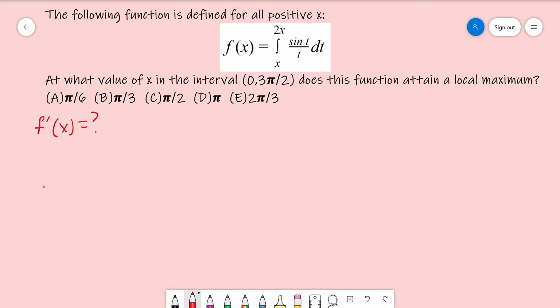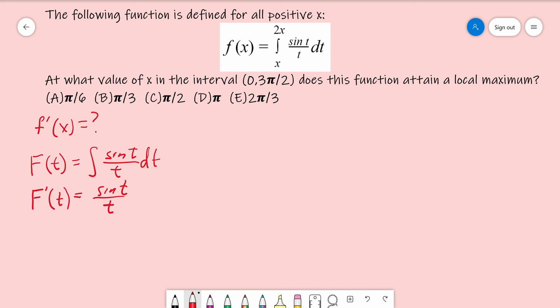If you think about it, if you define big F as being the antiderivative or indefinite integral of sine t over t dt, then you know that big F prime of t is equal to sine t over t.